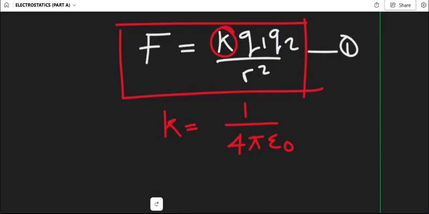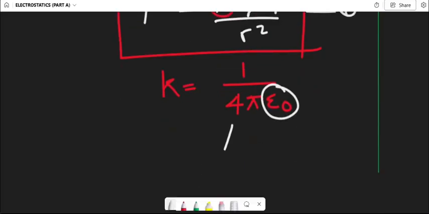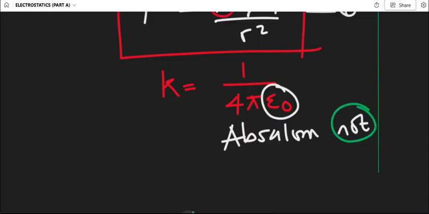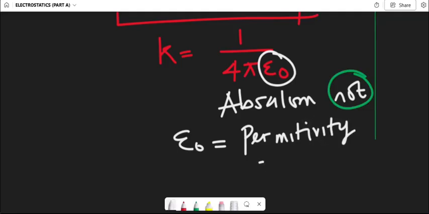But where I need you to pay attention is the value of this epsilon naught. They call it epsilon, and they call it naught. Basically, in physics, this symbol epsilon naught is called the permittivity of free space.